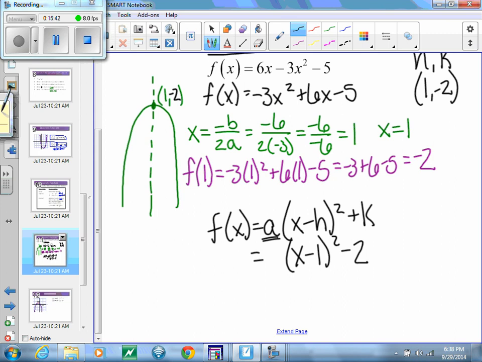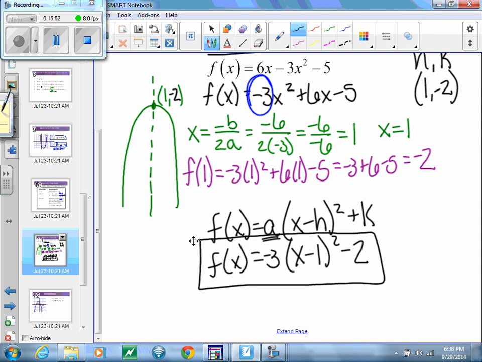Well, if I look back up into the problem, we know what a is, and a is -3. And so I'm going to put a -3 in here, and now I have the vertex form of a quadratic. Now I could go through the process of completing the square to do this as well, but this is just a little faster and easier. And really all you need to know is one formula and then how to apply it to find the next point.